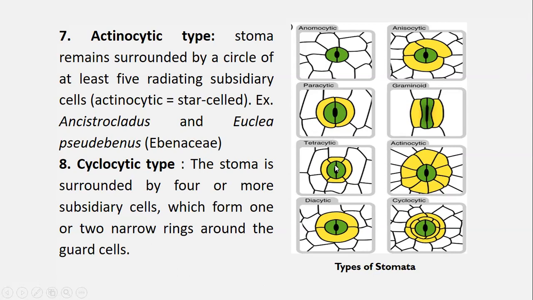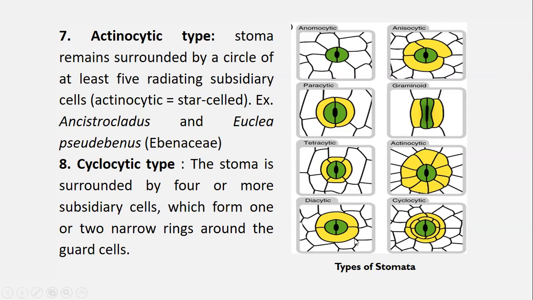And in tetracytic, four subsidiary cells are there. Out of four, two are lateral in position, two are polar in position. And actinocytic, as you all know, so many subsidiary cells are there, and these are arranged like a stellate or star-like structure.